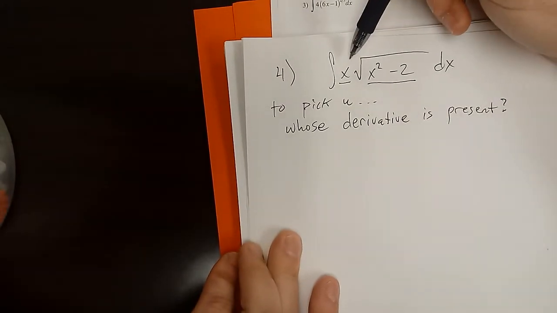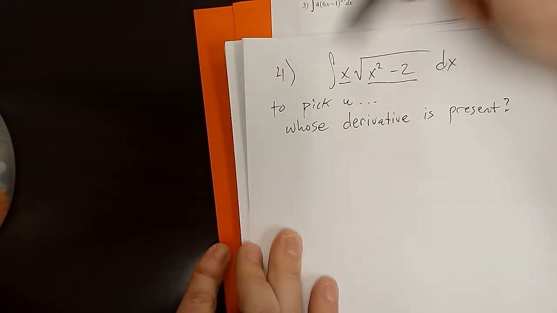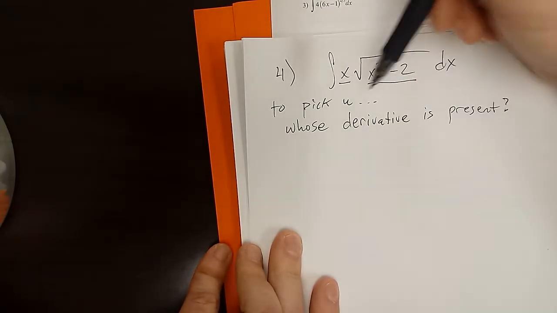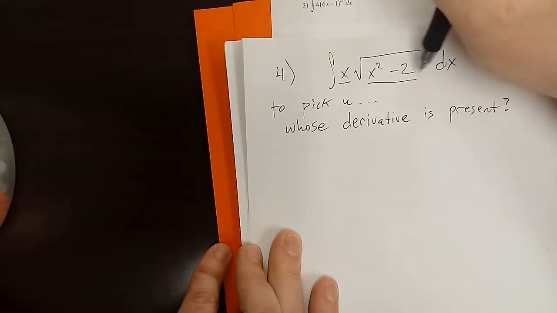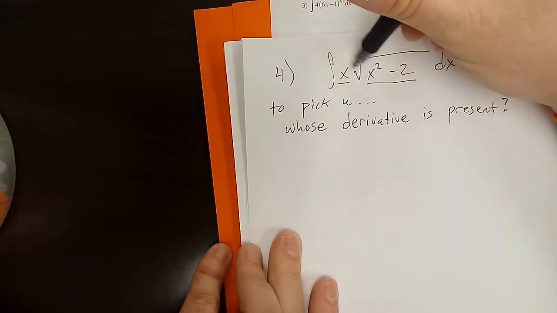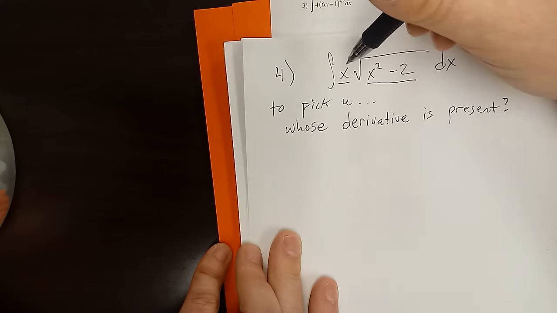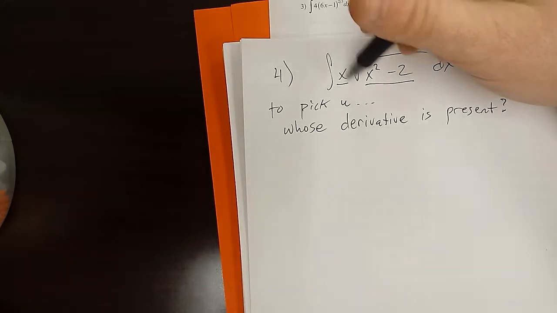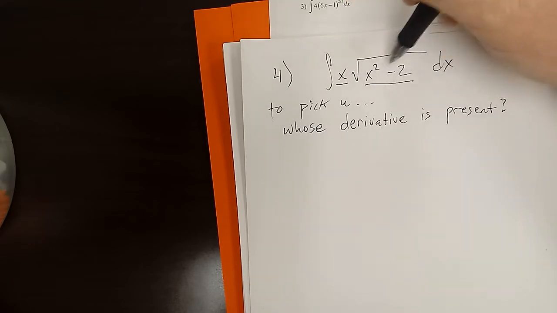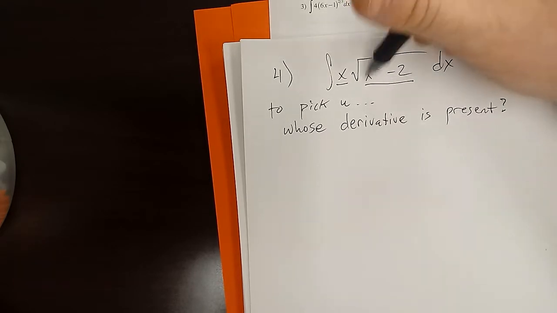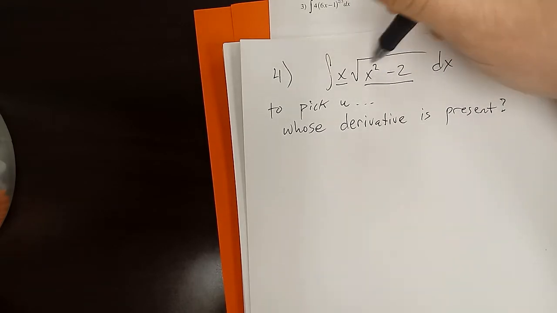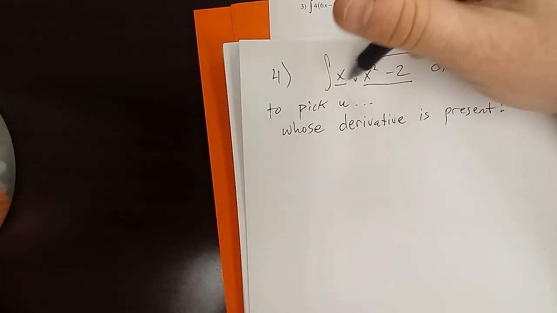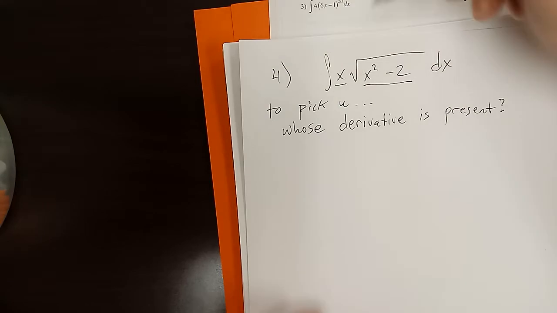The derivative of x is 1, and sure, 1 is present, but the derivative of x squared minus 2 is 2x. 2x is basically present here. You see how the derivative of this is going to be an x with a number, and there's an x. So my clue is that since when I take the derivative I get an x, this might be taken care of when I take the derivative of u.